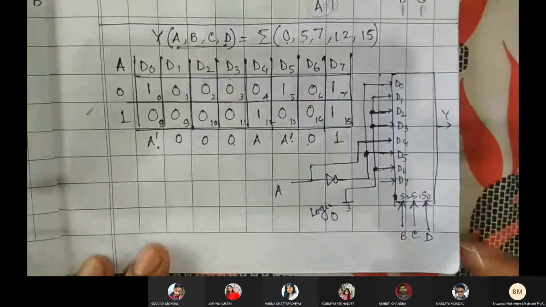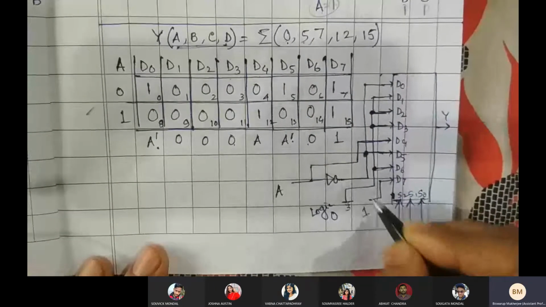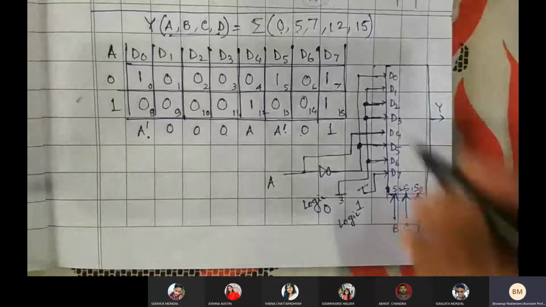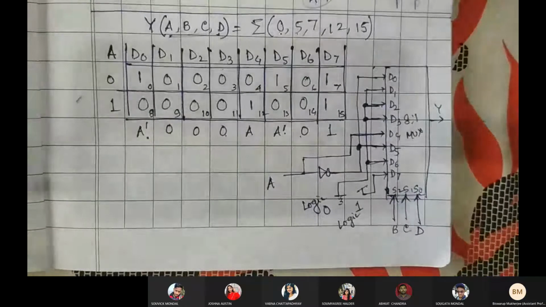Okay. And D7 is required to be connected with logic 1 or VDD, logic 1. Am I clear? This is the 8:1 mux. Am I clear on this one? Is that clear?